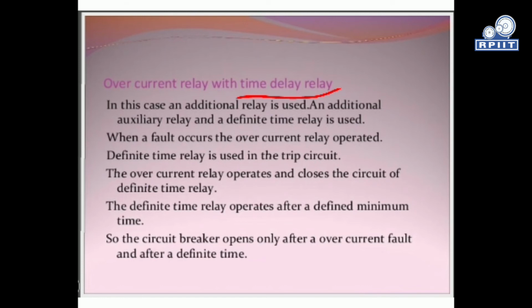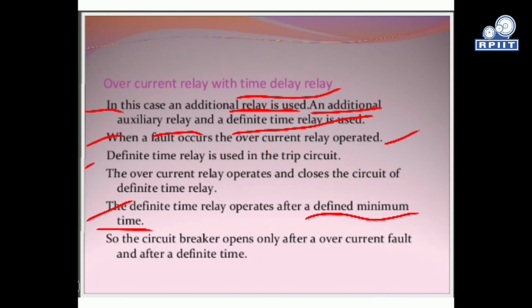In this case, an additional auxiliary relay, a definite time relay, is used. When a fault occurs, the overcurrent relay operates and closes the circuit of the definite time relay, and the definite time relay operates after a defined minimum time. That's what I was saying.